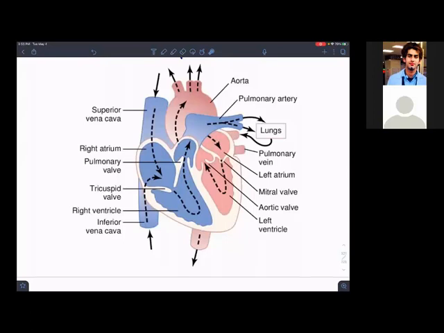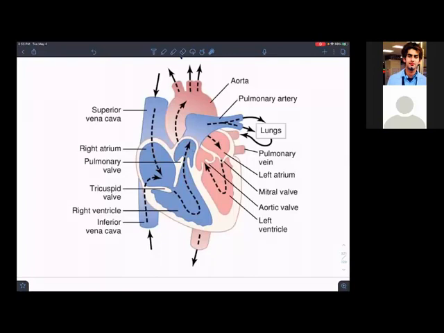The beautiful thing about these valves is that they maintain direction. Can you see any arrow showing a back direction from the valve? Is the valve showing any reverse direction of flow? Everything is flowing in only one direction.